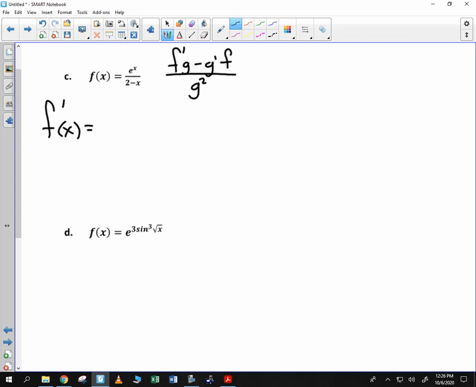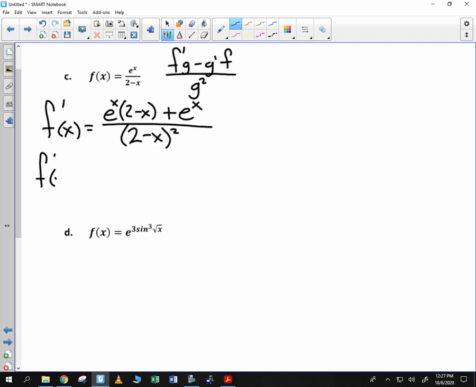Derivative. I start with the derivative of the top, e to the x, times the bottom, 2 minus x, minus the derivative of the bottom. The derivative of the bottom is negative 1. So it will be plus, because of the negative 1, times f, which is e to the x, all divided by the bottom squared. Now, I am going to factor the top.